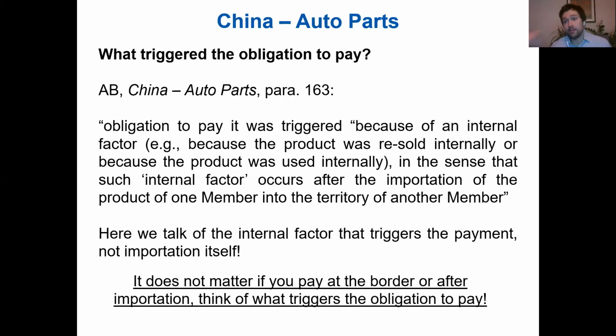This payment that you make 3-5 months from the moment of importation, if the legislation permits, would still remain the border measure because it was charged on the fact of importation. Whereas any obligation that is based on some internal factors will be an internal charge, even if the foreign product has to pay it at the border.